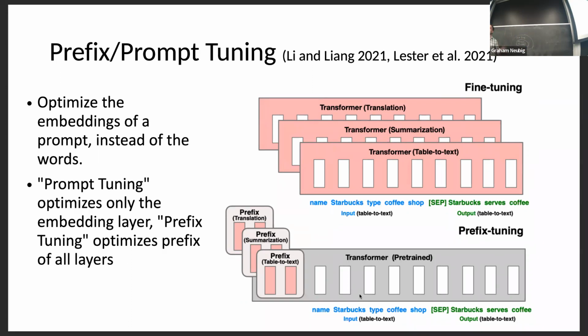So this would be like through prompt paraphrasing or prompt mining or something like this, because they're still comprehensible to humans. Then we have a discrete prompt. We have something like prompt tuning. And then we have prefix tuning, which is like wider.